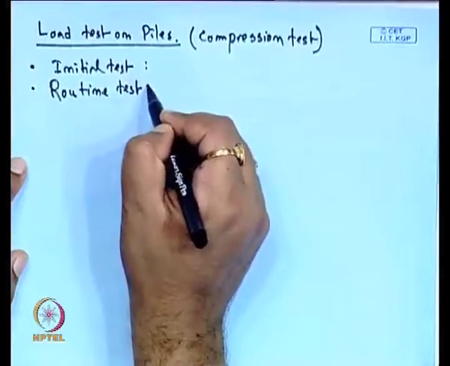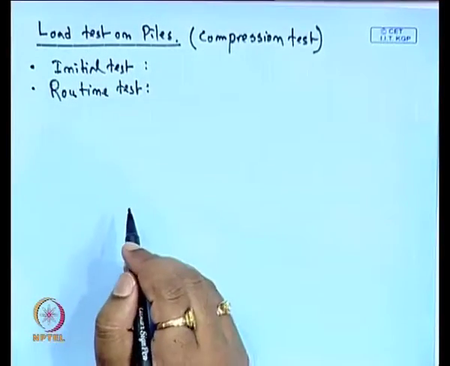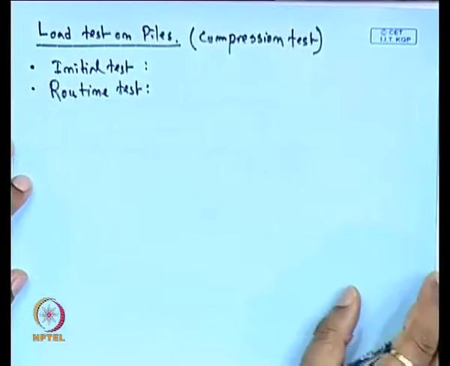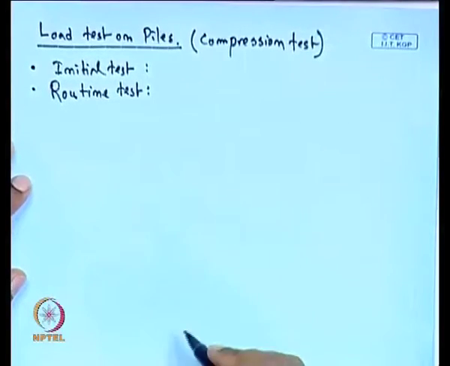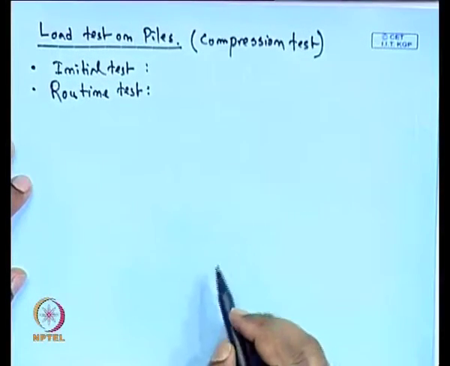The initial test is carried out on the test pile to estimate the allowable load carrying capacity of the pile, or to know the settlement of the pile corresponding to the working load.